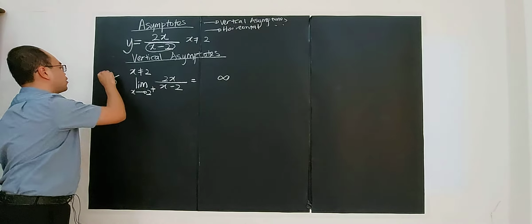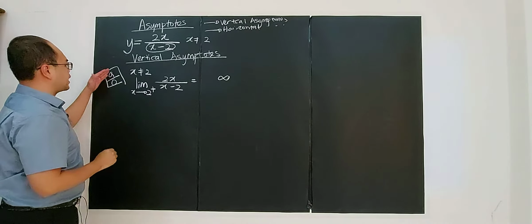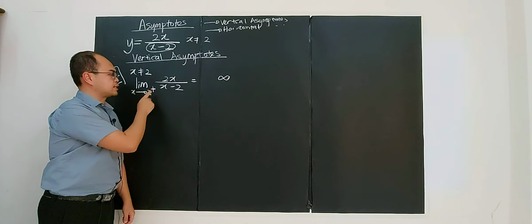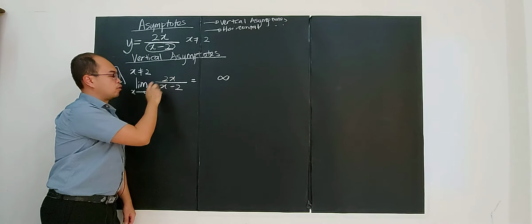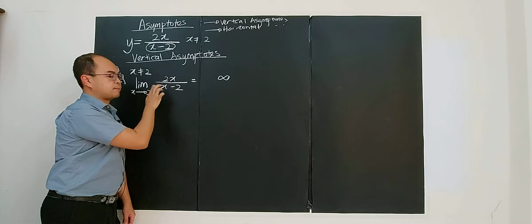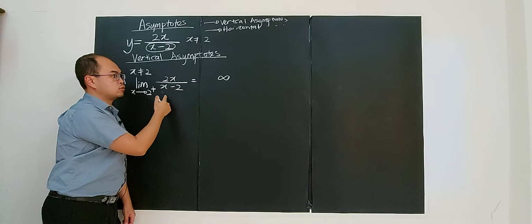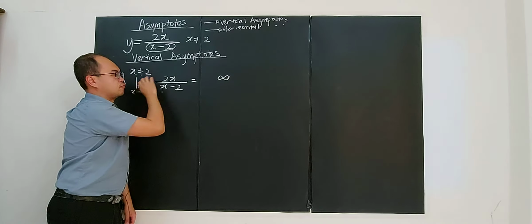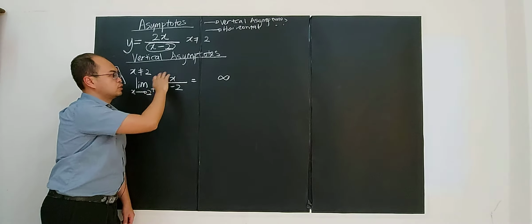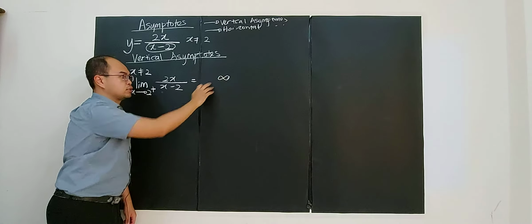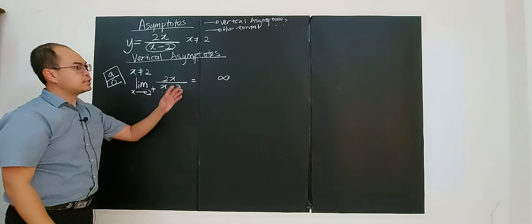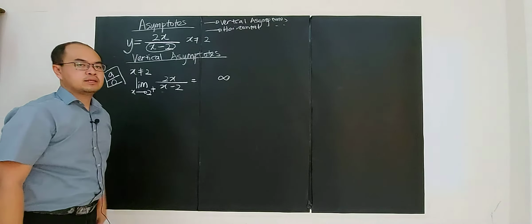If you have a limit in the form of a over 0, meaning when you put the value in, you put in 2 you get 4, but you put in 2 minus 2, you're getting 0. A number divided by 0, the limit of this type of function is always approaching infinity. But it can be approaching positive or negative infinity.